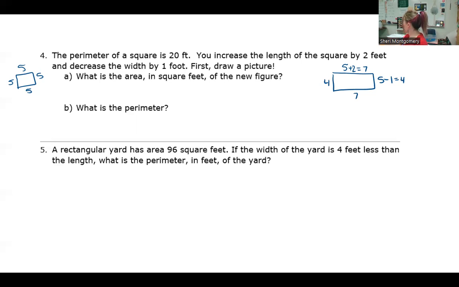So you have your square and it's all 5s. But now it's going to turn into a rectangle because it says increase the length by 2 feet. So it doesn't matter. Just make one of the 5s now 7, and you're going to decrease one of the other 5s by 1 foot. So I got my new one. That's what you're going to find the area and the perimeter of. Just add another square to the other square.